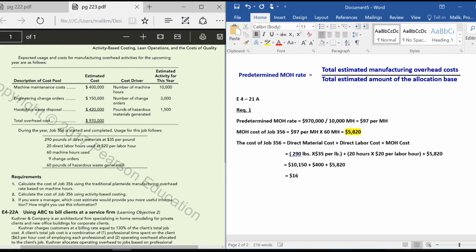I'm requesting that all of you use your calculator and also calculate all those numbers. So this is the cost of this job 356 when the company is using the traditional plant-wide manufacturing overhead rate.